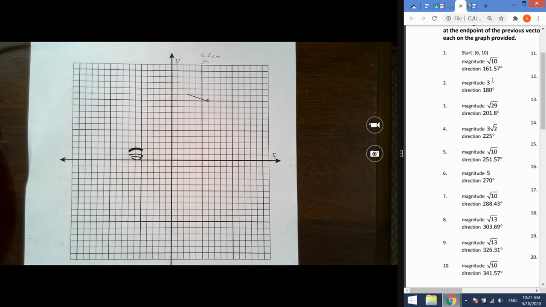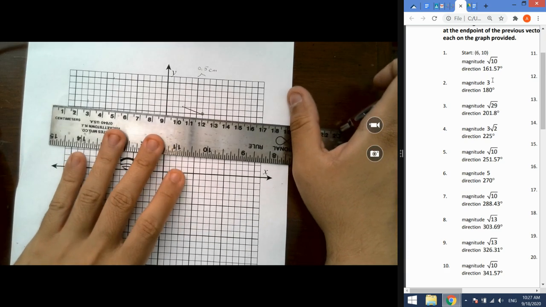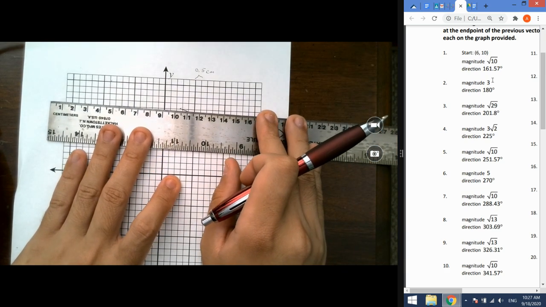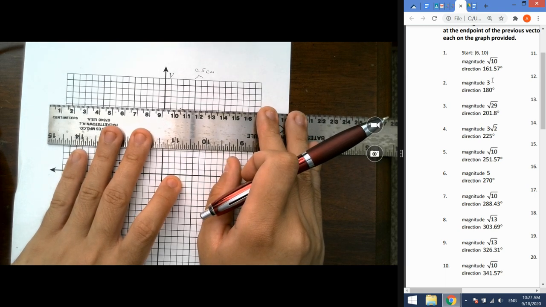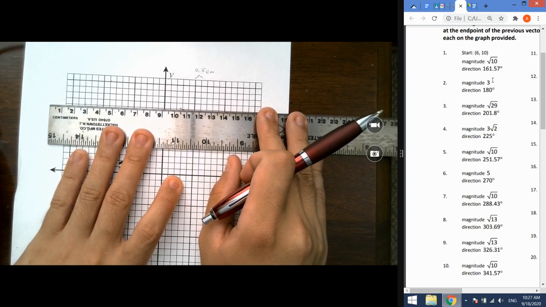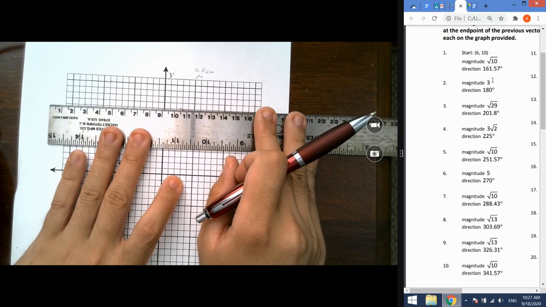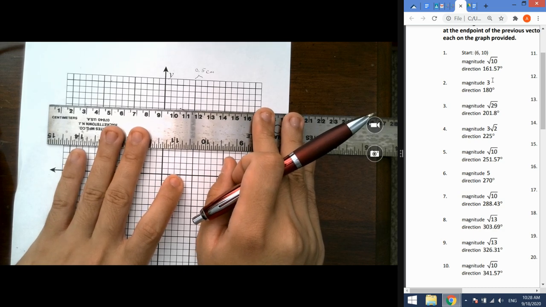Magnitude 3 means we will be going 3 blocks over. And I'm going to just estimate 3 blocks over. I could also do 1.5 centimeters if I wanted to as well.